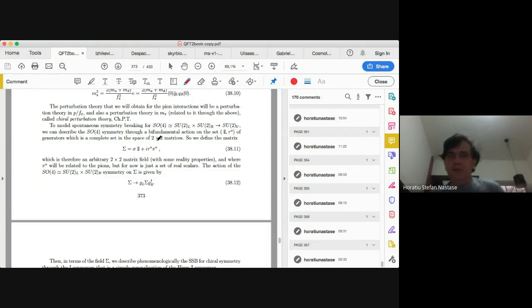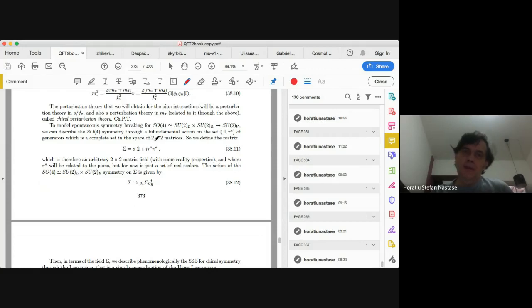So in the space of 2 cross 2 matrices, I have the action of SO4 bifundamental action, which means action from the left with the matrix G left, and from the right with the matrix G right dagger.